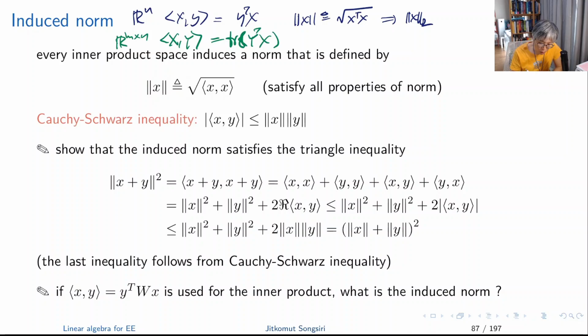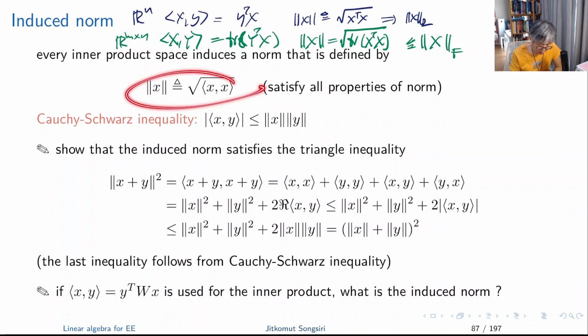The induced norm, that is derived, that is a byproduct of this inner product, is going to be the square root of the inner product of x with itself. And this expression is nothing new again, because we already see that this is actually the Frobenius norm of a matrix. So this is the definition of induced norm.